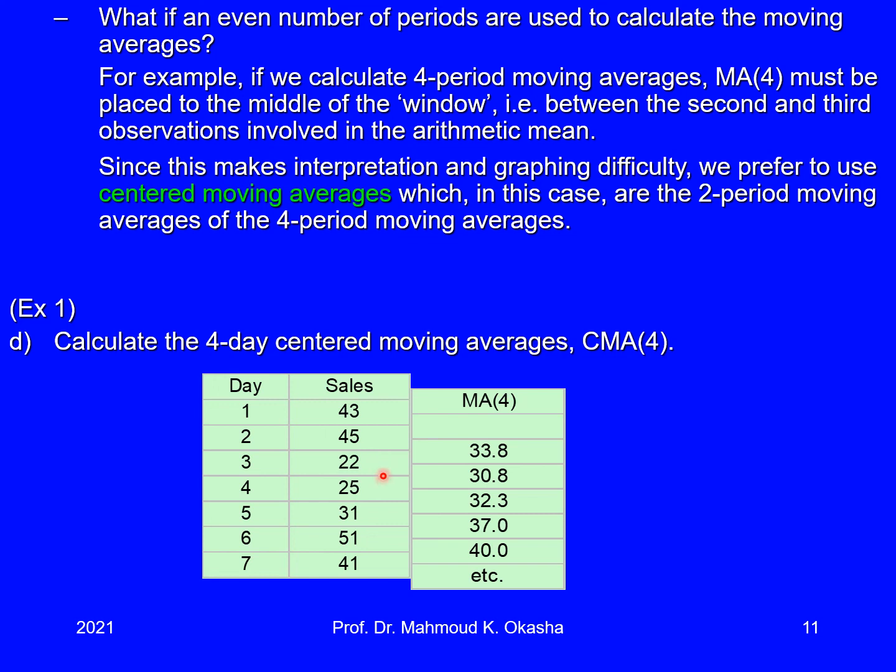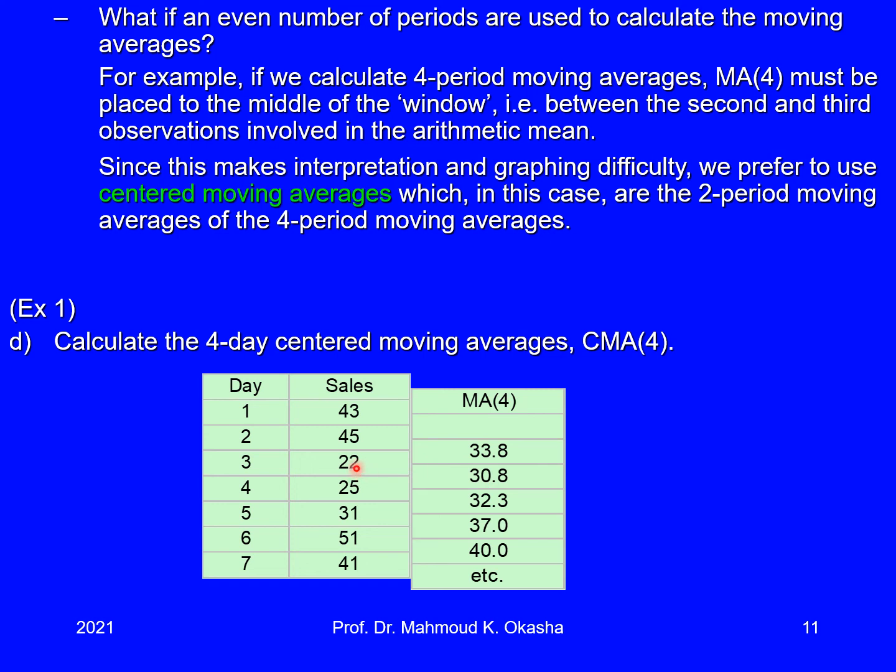The next one is 30.8, the average of 45 up to 31, and we should put it between these two values, and so on. In order to center them again, we make again for these values the 2-point moving average, and put it again in the middle.